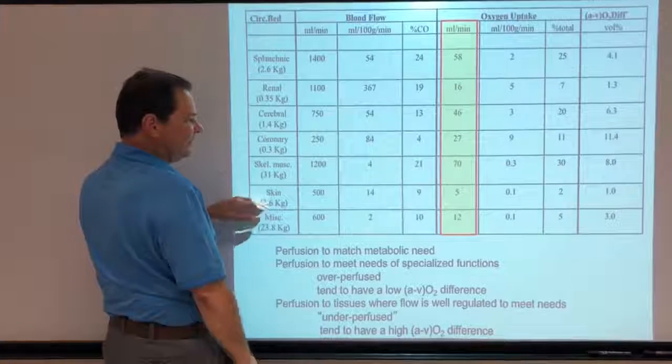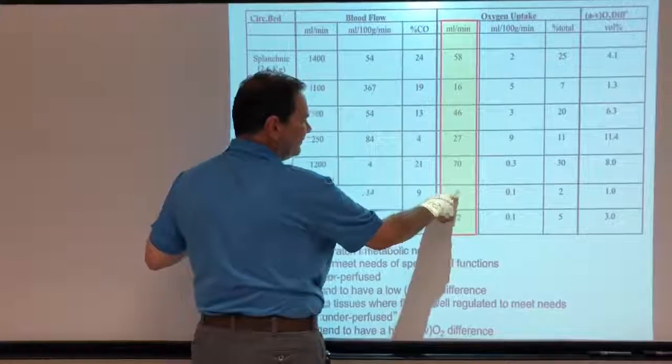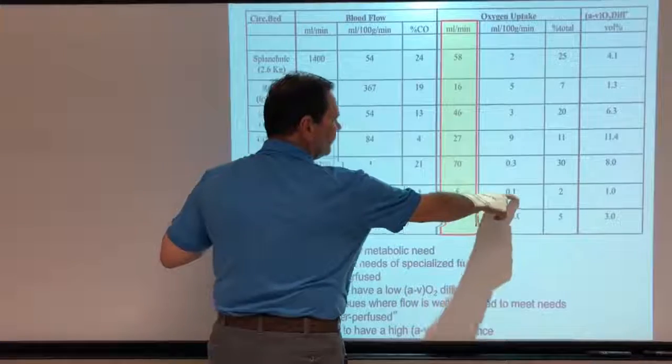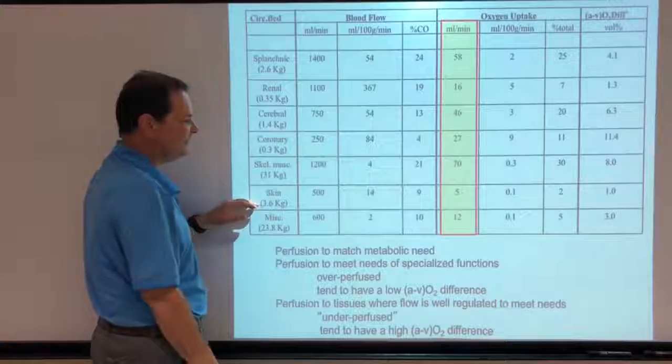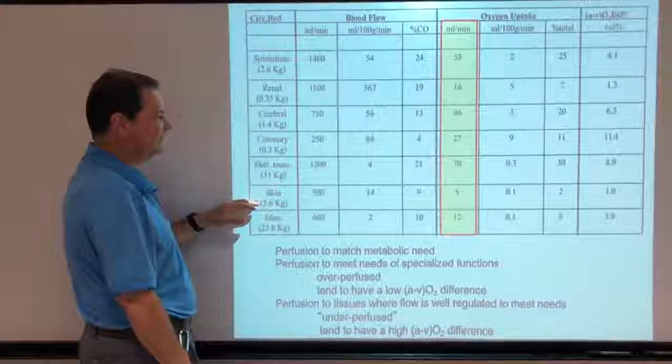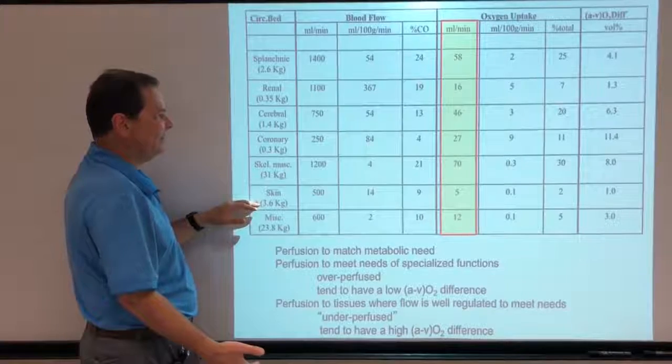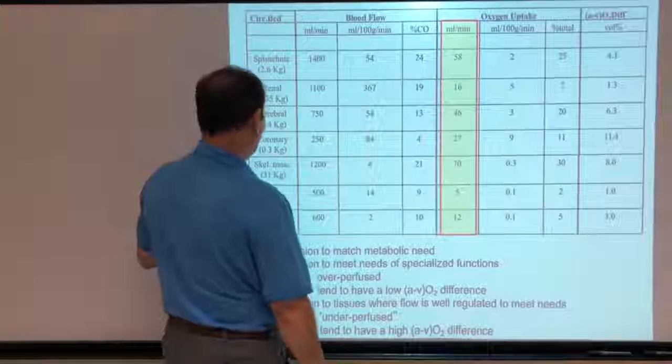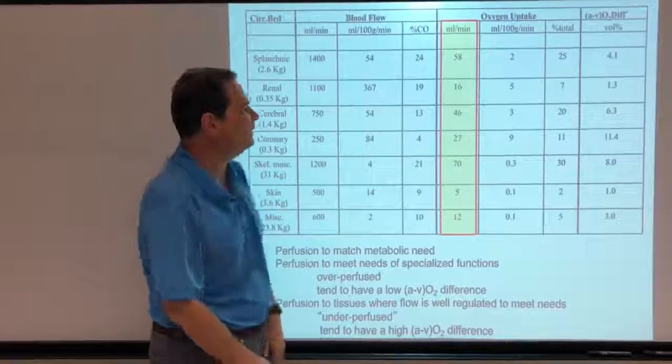The same thing with skin, 5, pretty high when you consider the fact that the metabolism of the skin itself is relatively low, and a large part of it is due to its weight, okay?